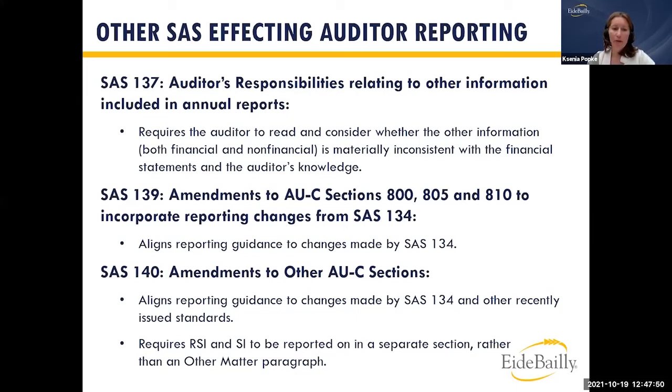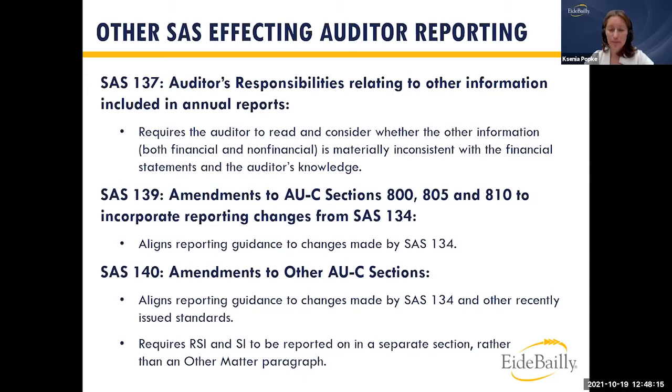Some of the other amendments here, lots of numbers. You see sections 800, 805, 810. All of those sections are different types of audits. So audit of financial statements prepared in accordance with a special purpose framework, audits of single financial statements, audits of specific elements, accounts, items.